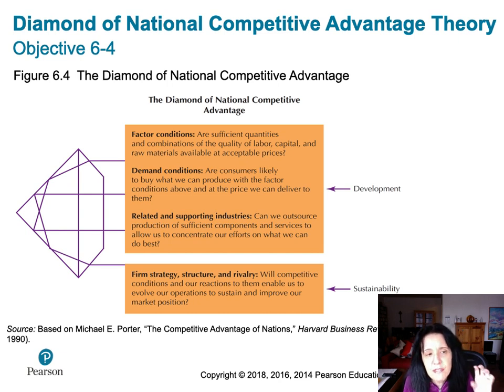So we have the factor conditions, the demand conditions, related and supporting industries, and also firm structure, strategy, and rivalry. So these are the four conditions of the diamond model, four conditions that give every country and their firms the ability to compete on an international scale.